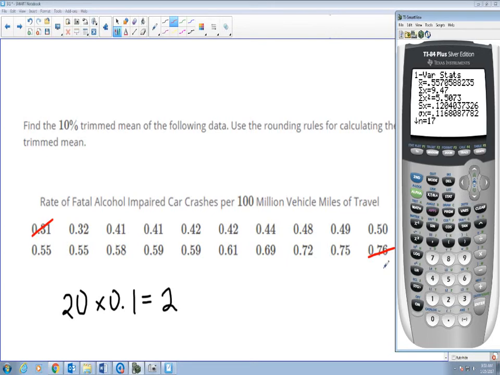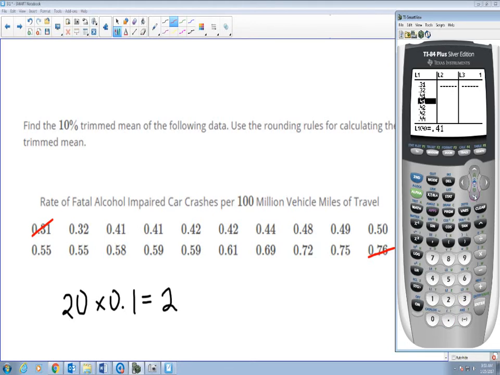Okay. So there are different rules when they talk about the 10% trim. As far as I remember, it's supposed to take off the biggest one. I'm going to insert my 0.31 back and see if my insert will match up the way I want.